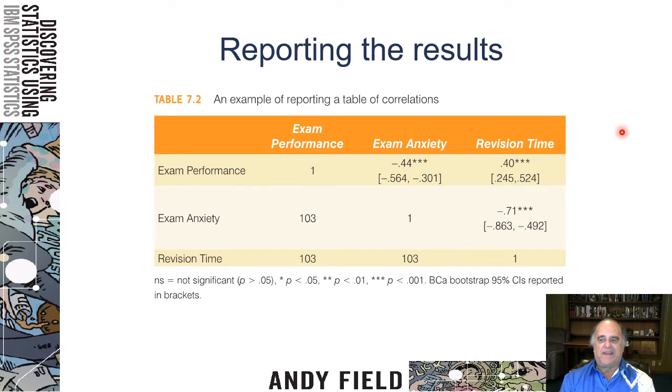So these are not the best estimates probably of population correlation coefficients yet, because if we really wanted to estimate the likely population correlation coefficient, we should correct for unreliability and correct for restriction of range.